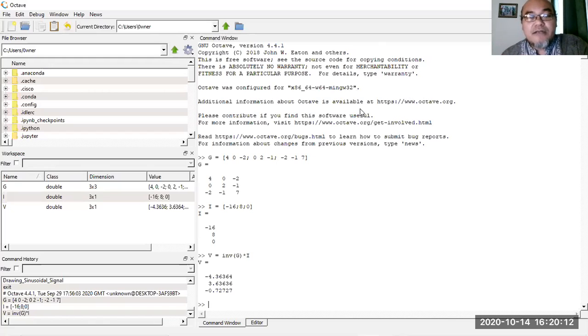Alternatively, you can also use the online Octave.